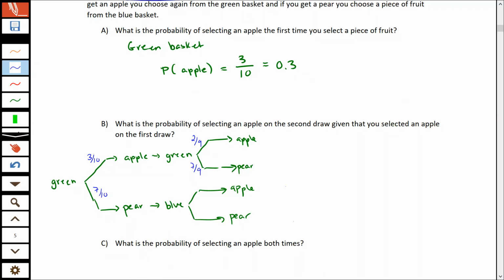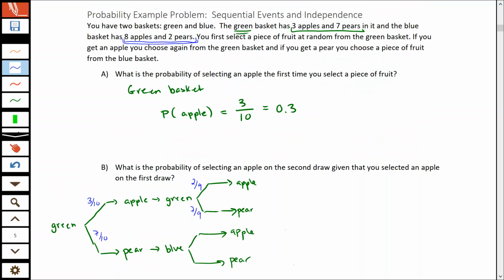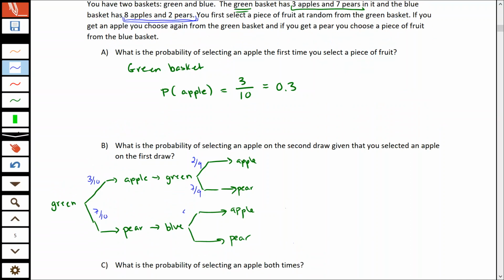For the blue basket, we haven't selected anything from it, so we haven't changed that. We have 2 pears and 8 apples in that basket. So the chance of getting an apple is 8 out of 10, and the chance of getting a pear there will be 2 out of 10.